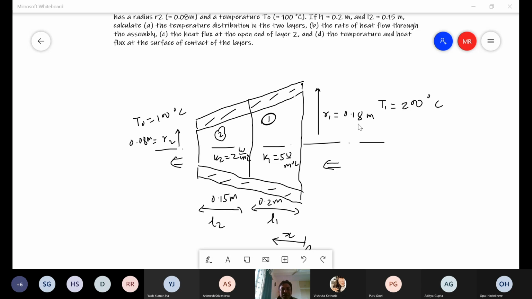That is why I am keeping this window of my PowerPoint presentation open for the last 7 or 8 days. Once this entire chapter is done, I am going to put the entire slides for conduction, steady state as well as unsteady state, everything on the Teams. So today you will get it.